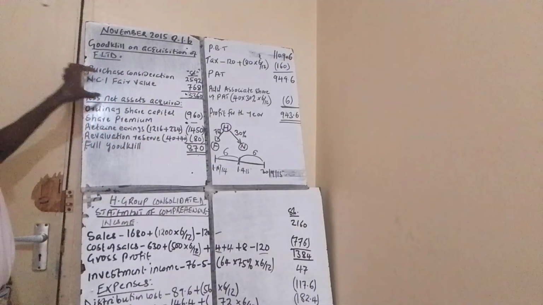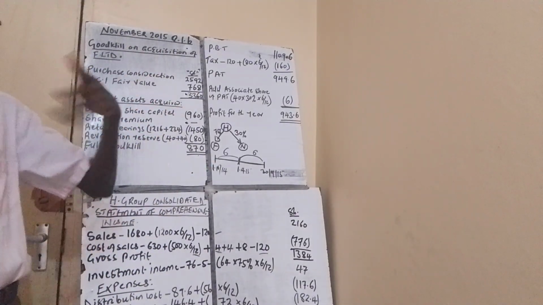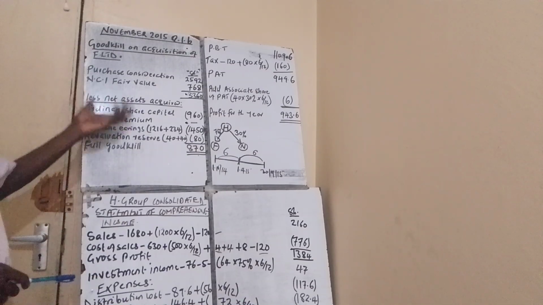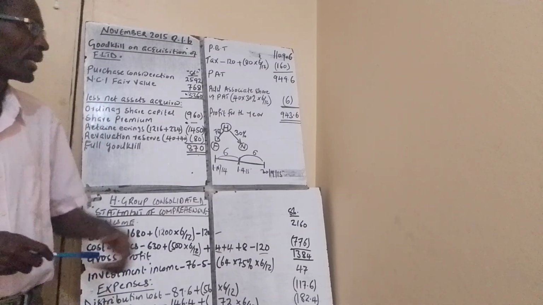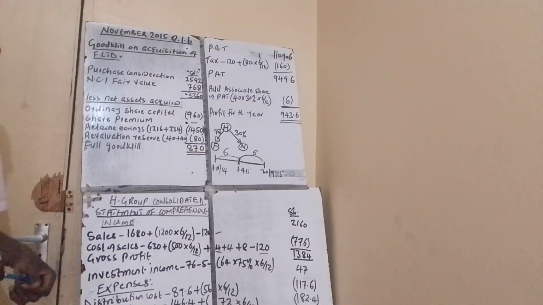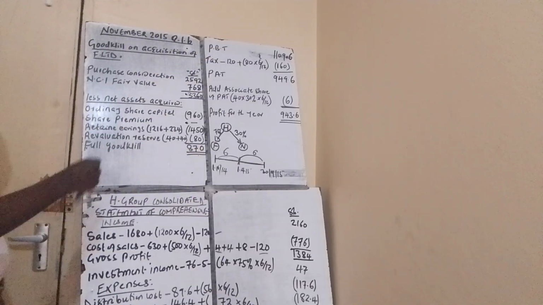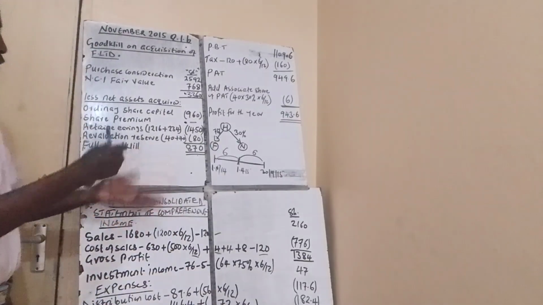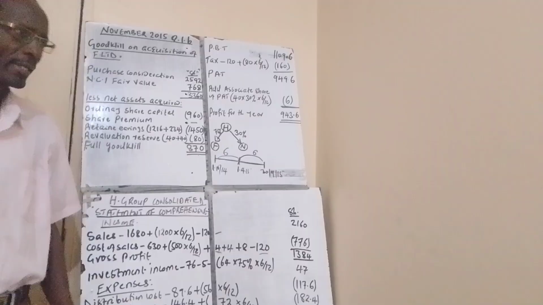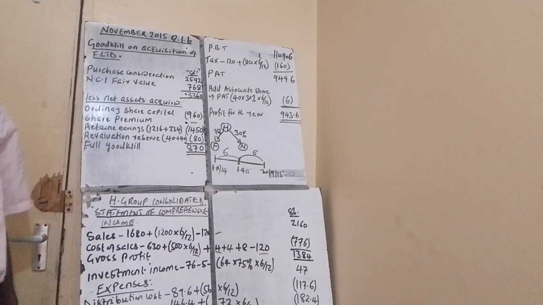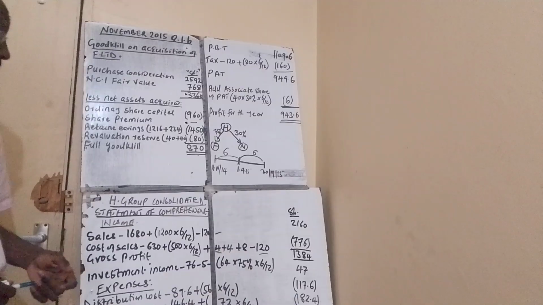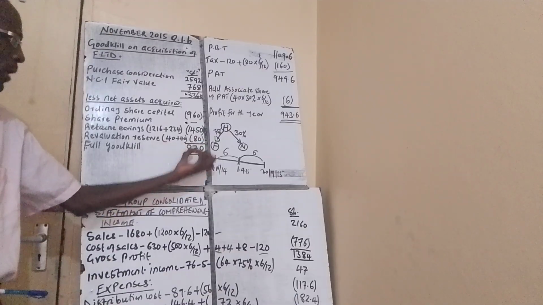If you take the purchase consideration paid by the parent to acquire the subsidiary plus the fair value of the NCI, then you less the net assets acquired, what you get is the goodwill. So this is full goodwill. We are not showing what portion of this goodwill goes to the NCI and what portion goes to the parent. So we are reporting just one figure.